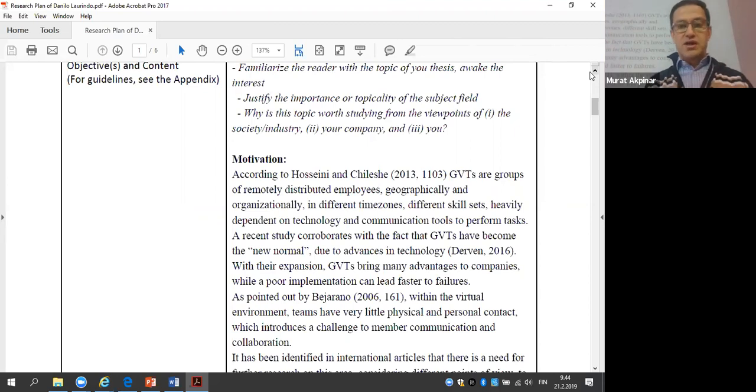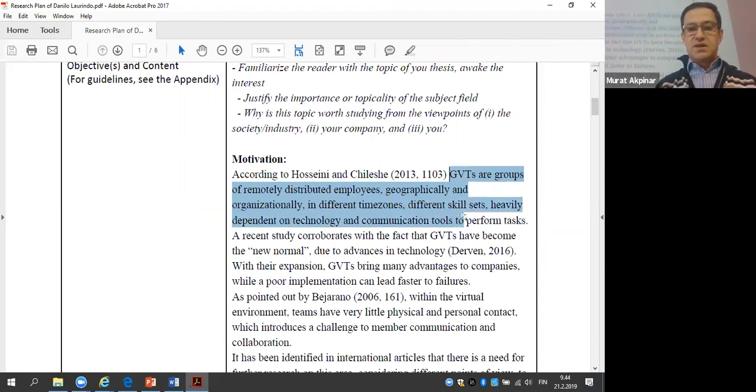The first level is motivation for the society/industry. So here, first of all, he is defining what are global virtual teams. They are groups of remotely distributed employees, geographically and organizationally in different time zones, with different skill sets, etc. They bring many advantages to companies.